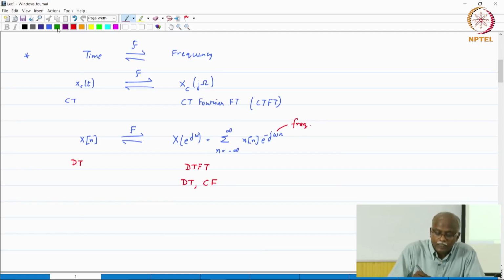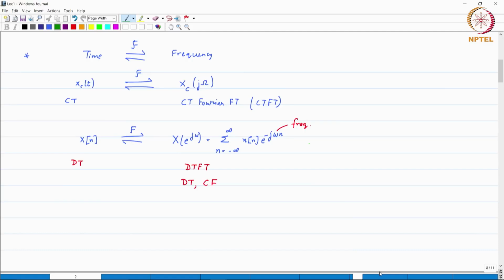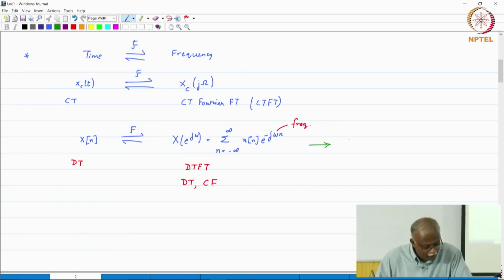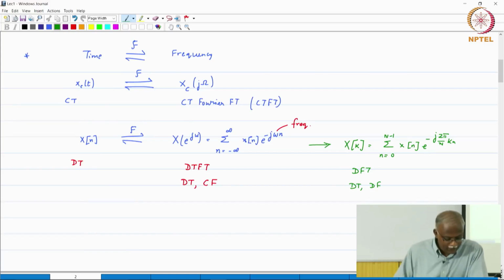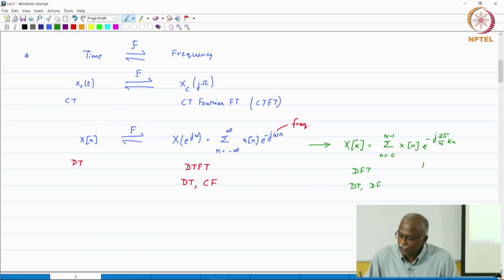Now, the DTFT also leads us to another representation: X(k) is equal to the summation for n equal to 0 through N minus 1 of x(n) e^{-j2πkn/N}, where k goes from 0 through N minus 1.